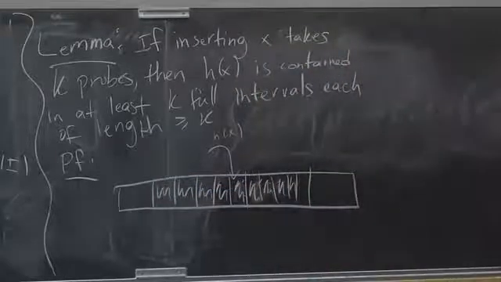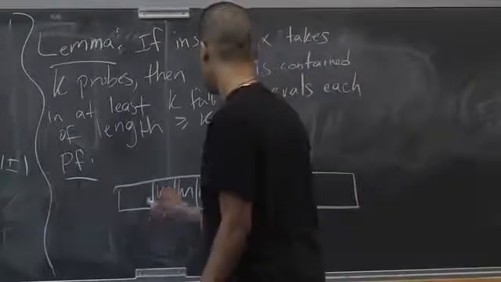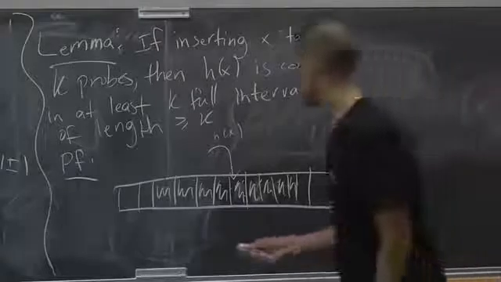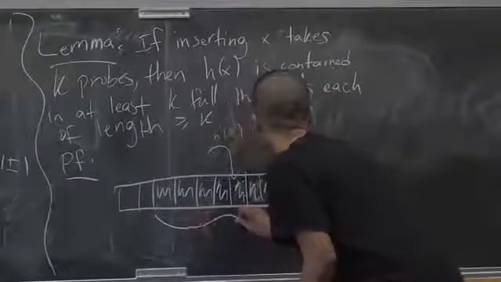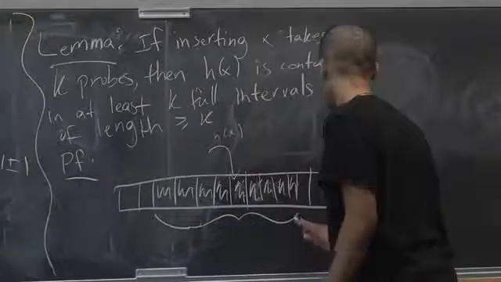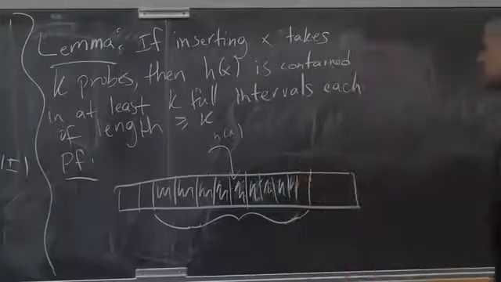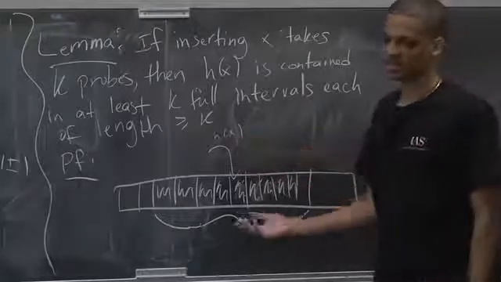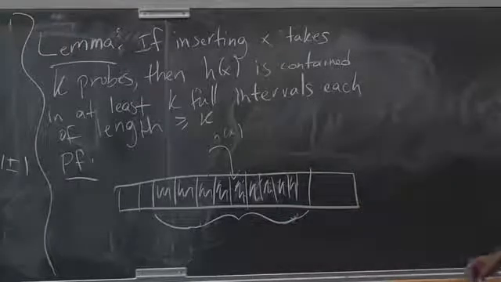And this is empty. The point is that this interval here, including the item x itself, is a full interval, because h of x will eventually land there.